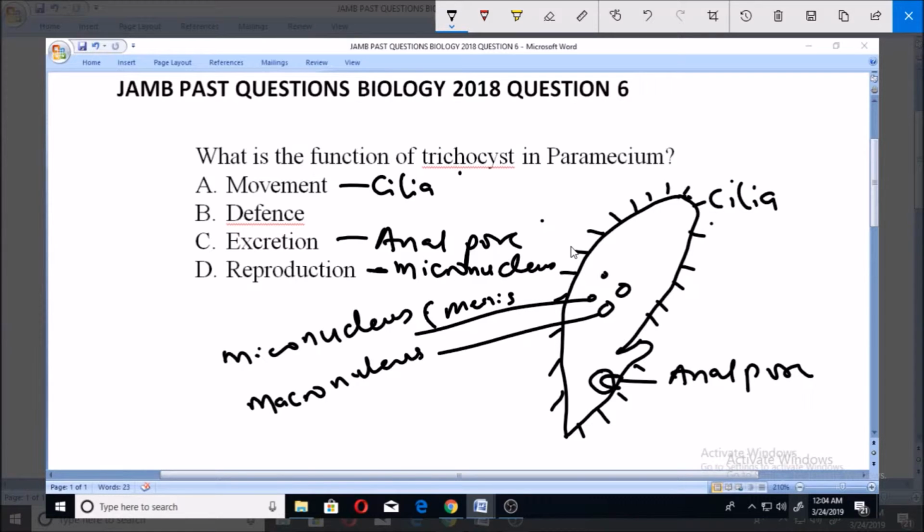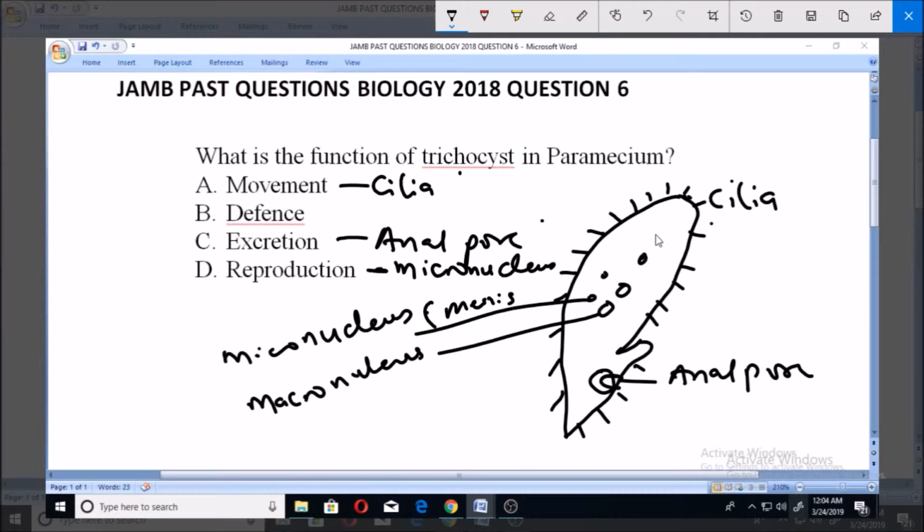Now we also have what we call a spindle-like body.